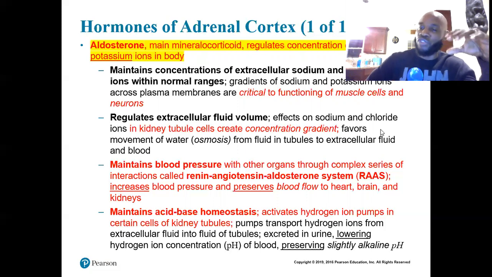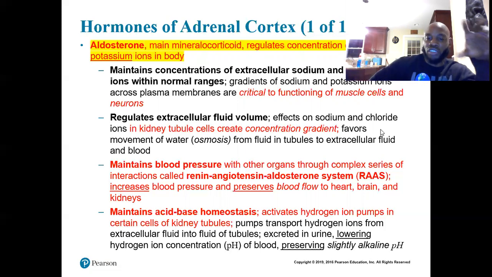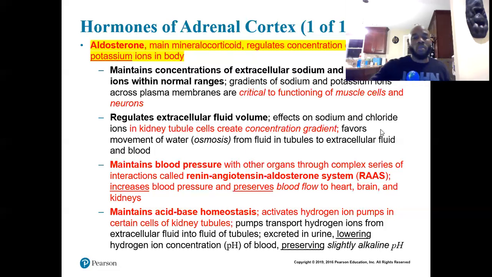If we remove fluid, your blood pressure goes down. All of your blood is filtered through your kidneys. Therefore, through this renin, angiotensin, aldosterone system, we can control your blood pressure, which is important so that the right amount of blood flows to your heart, your brain, and your kidneys.